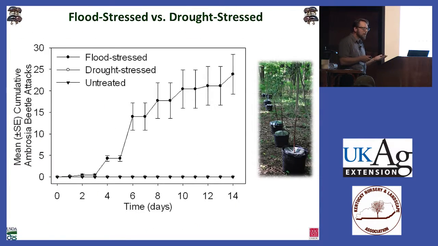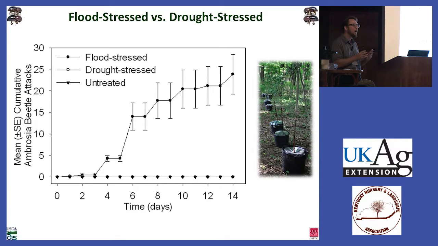So in terms of drought stress, this is an experiment that we did where we allowed beetles to make a choice among flood stress, drought stress, and then of course untreated. And these are the attacks on the flood stress tree and no attacks on any of the drought stress tree. Now, we have seen issues where drought stress trees have been attacked under experimental conditions, but at very low levels.